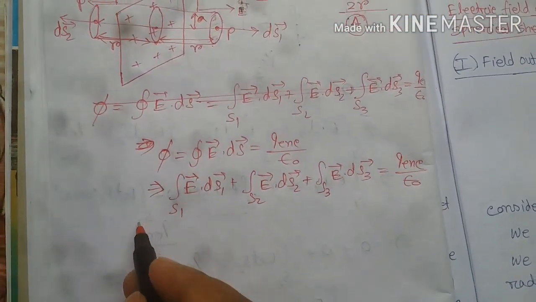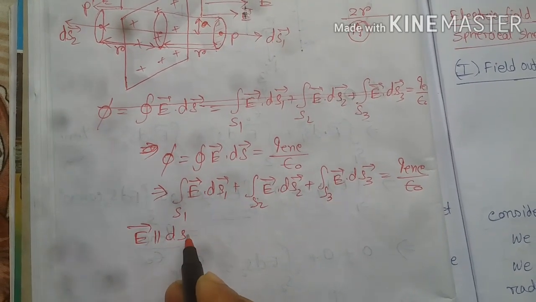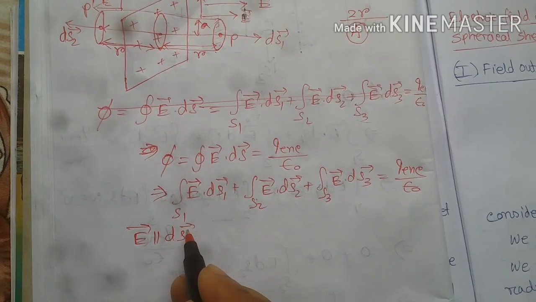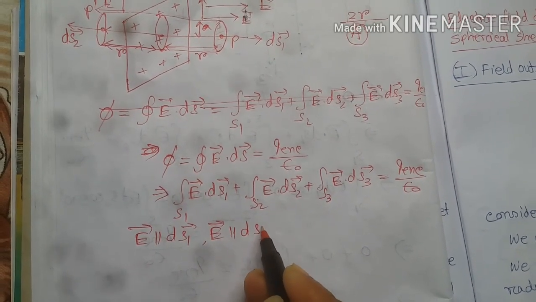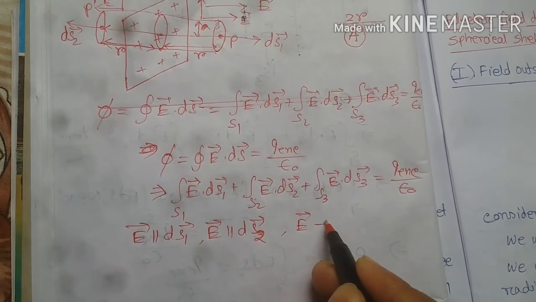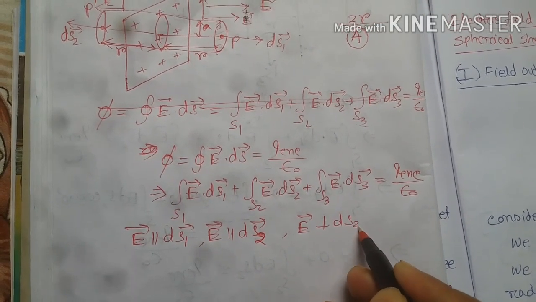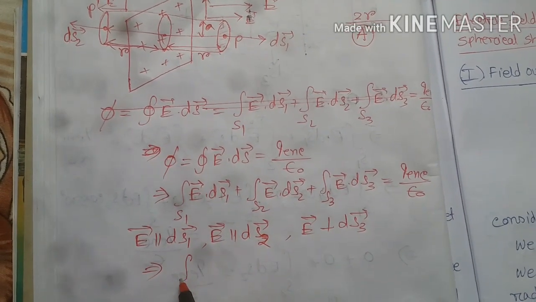So here E is parallel to ds1, E is parallel to ds2, and E is perpendicular to ds3. So this integral will give you what?